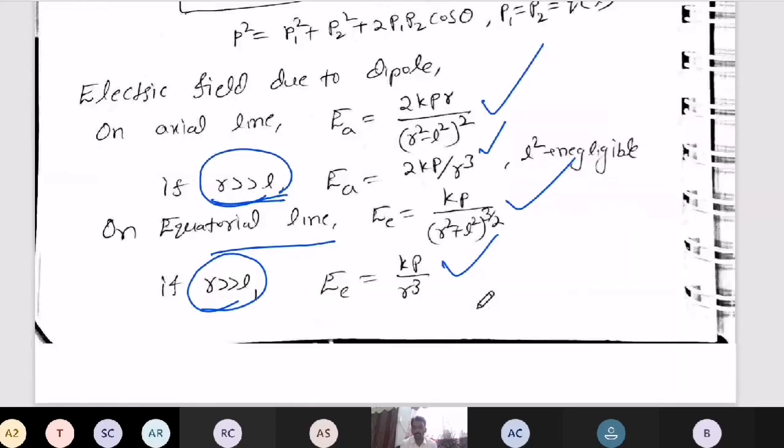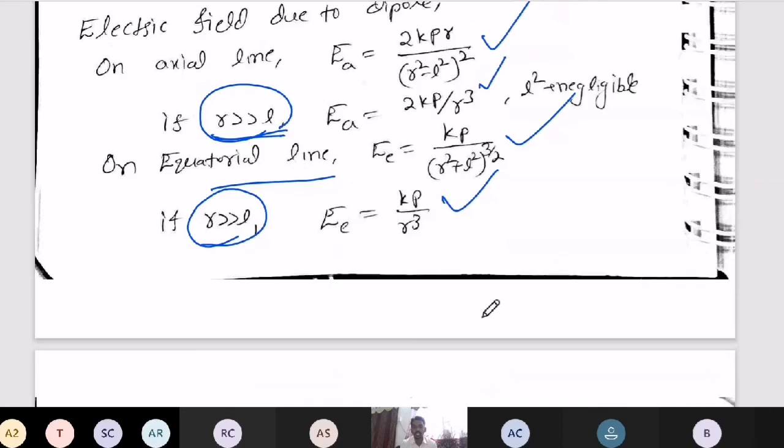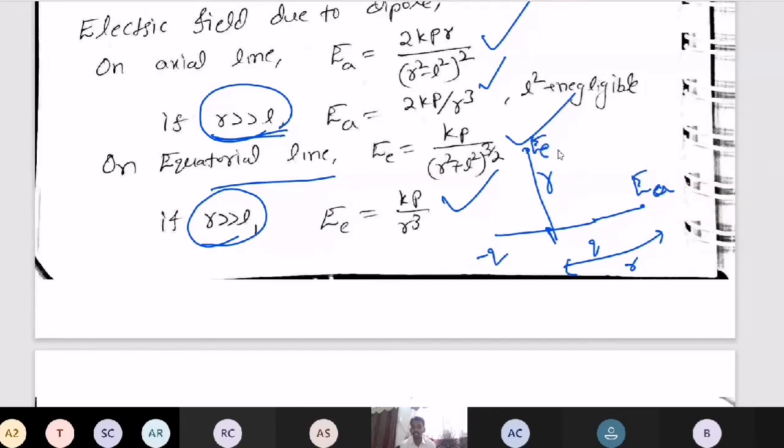So if you consider two points, one on the equatorial line and one on the axial line at the same distance, like this is the dipole, and you consider one point on the axial line at a distance r from the center, and one point on the equatorial line at a distance r, then E on the axial line is 2 times E on the equatorial line.